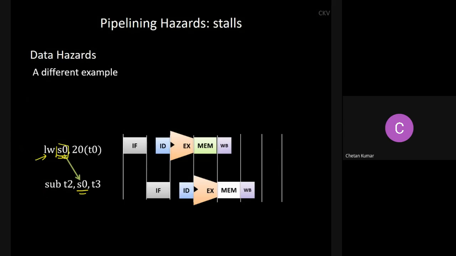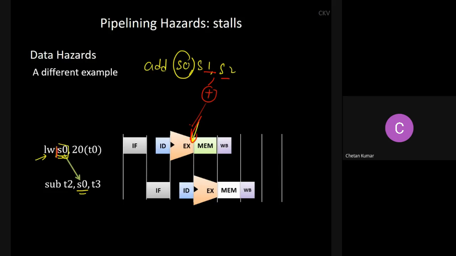When you have an instruction like add S0, S1, S2, the S0 value will be ready at the output of EX stage, because you read these two values and do the addition, and that added result will be there at the output of EX.